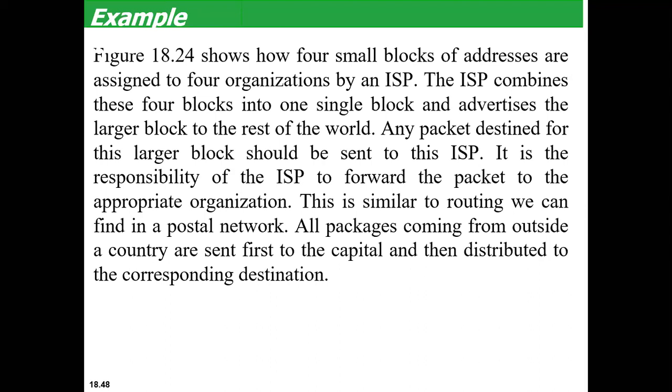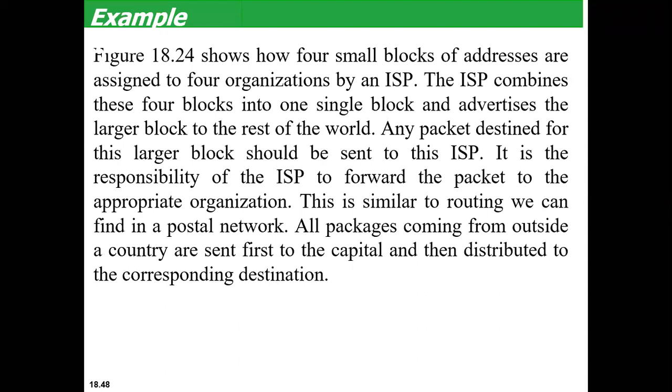How can the routing be done? It is based on the prefix of the larger block. So you have lots of blocks of addresses which are combined together to form a larger block, and now the routing can be done based on the prefix of the larger block.